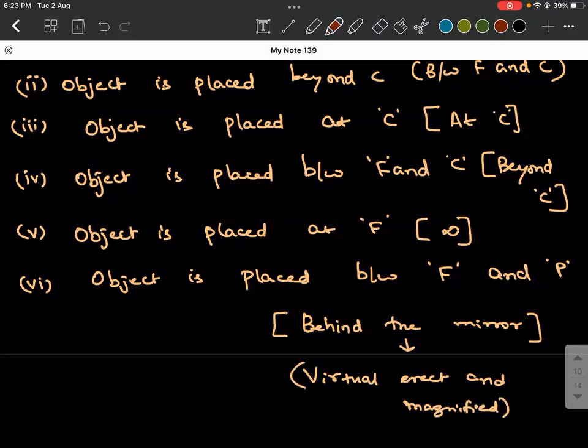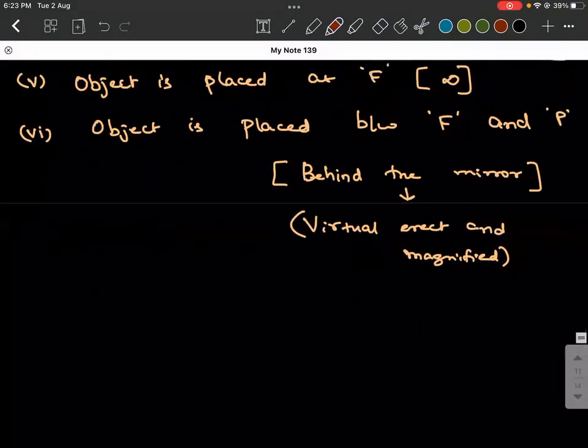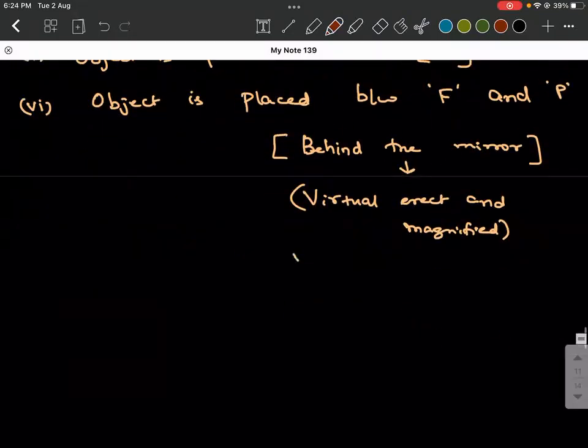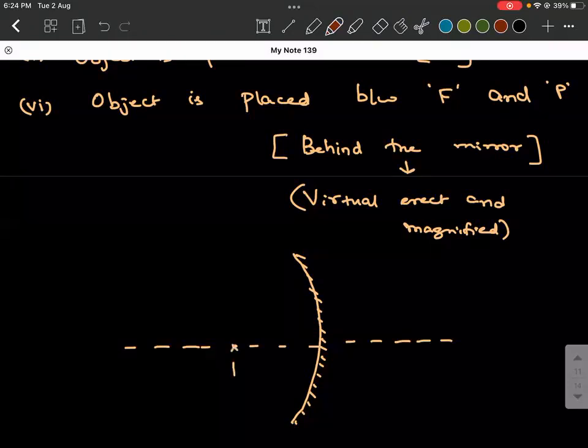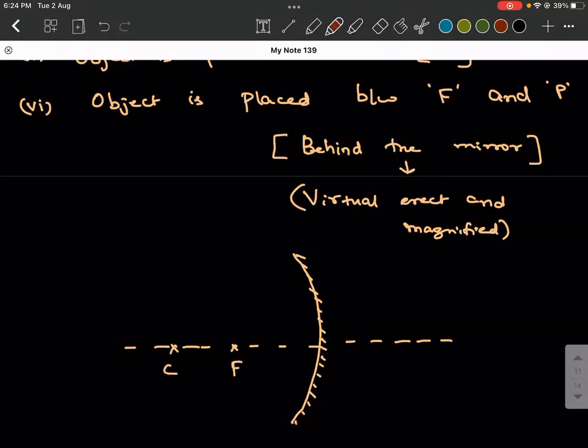It will be magnified. So for this scenario, I will draw the ray diagram. Observe. If I place the object here, then a ray parallel to the principal axis, after reflection, should pass through the focus. I cannot draw that because the object is blocking me.